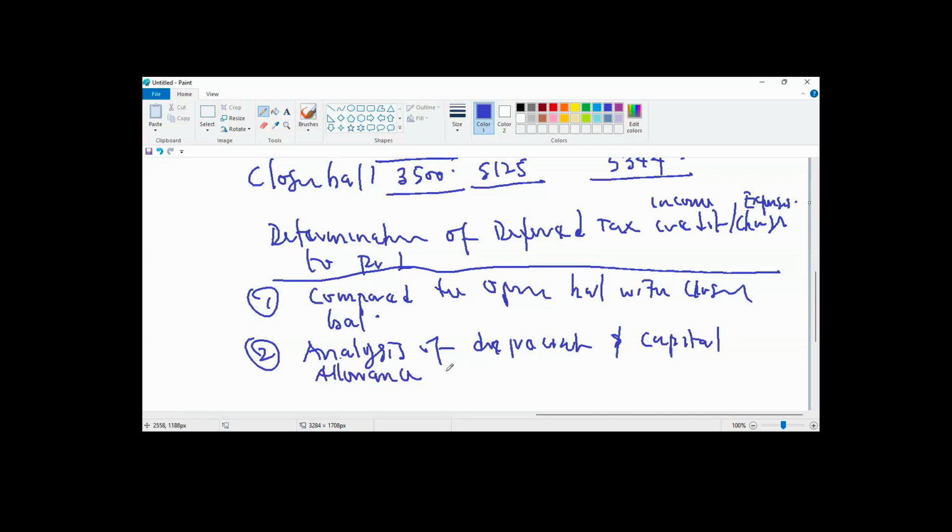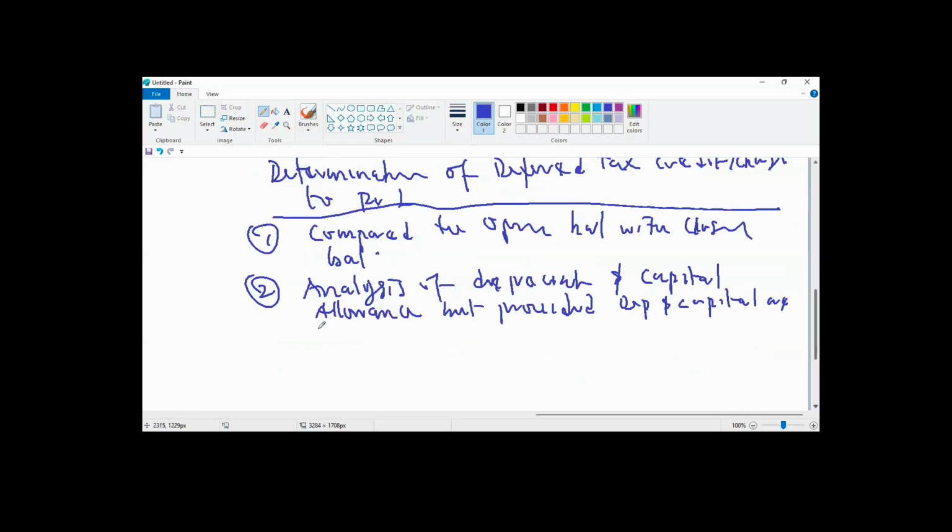But, provided depreciation and capital allowance are the only source of temporary difference. You will get what I'm saying very well.